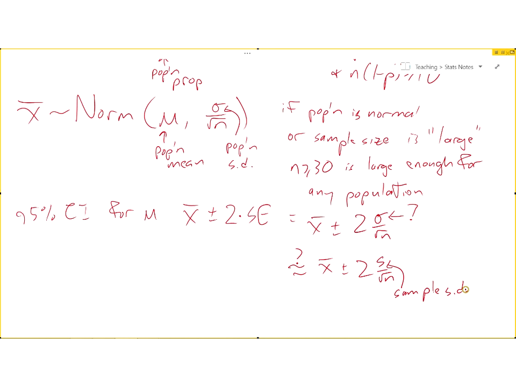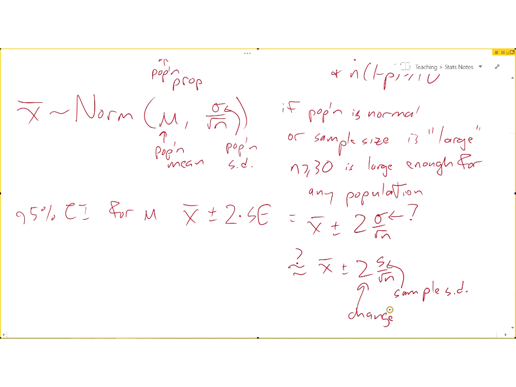But if you just swap out the sigma for an S, you often, especially with smaller sample sizes, miss your population mean more than 5% of the time with your confidence interval. So we need to fudge the 2. We need to change it.